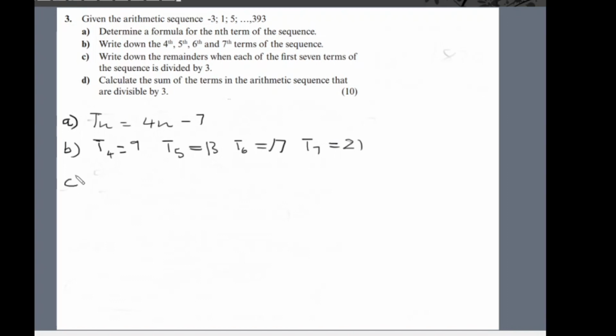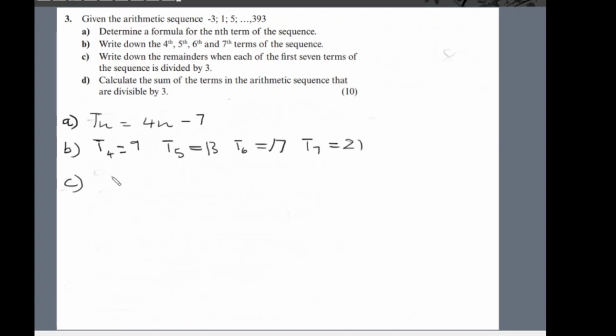Okay, so we move on from B to C. Write down the remainders when each of the first 7 terms of the sequence is divided by 3. A remainder is the number which is remaining after you have divided, right? Many of you don't get this one, maybe because you don't understand the meaning of remainder.